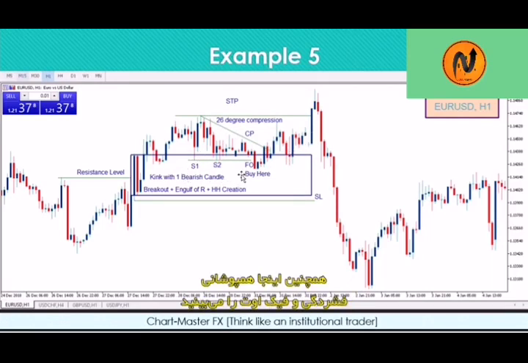And you can see also there is a confluence of a compression and also a fake out. So as you can see here, with support 1, support 2, then the price finally made a fake out, and you buy here, guys.